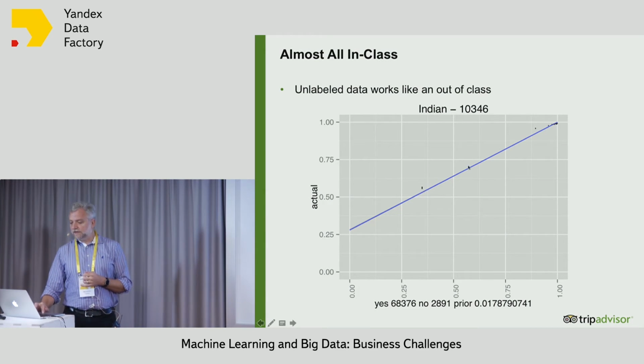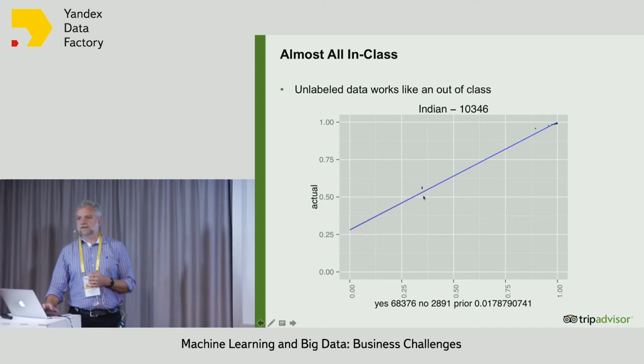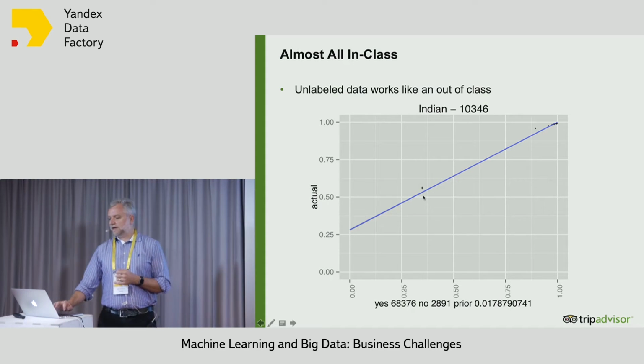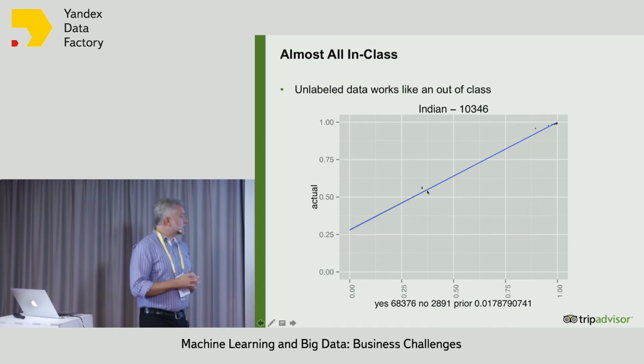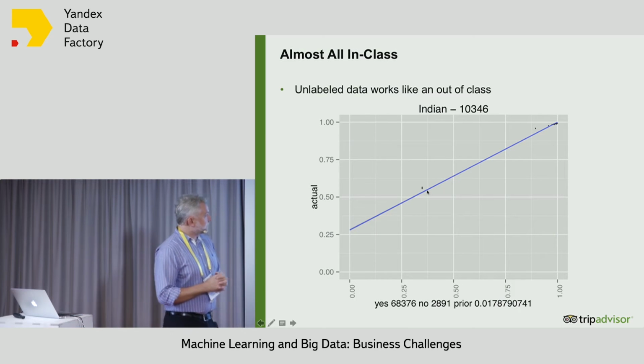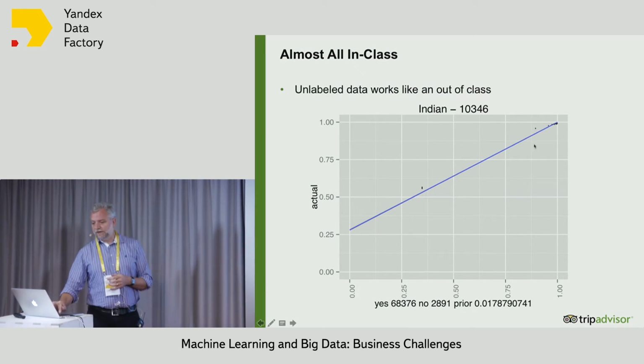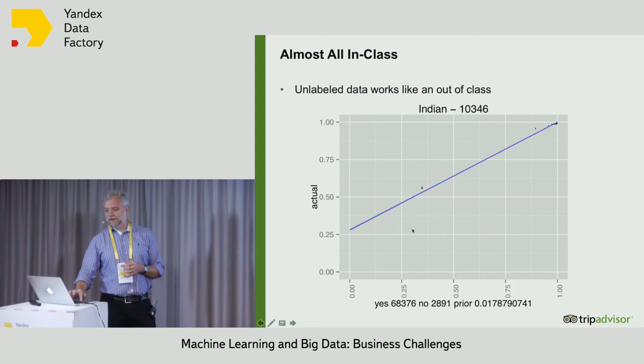Each of these little dots, they're actually error bars, is 1/16 of the data in equal buckets, where the X value is the average prediction and the Y value is the average actual. And you can see that for Indian restaurants, we can't really draw a good response curve here because all the votes here are yes.